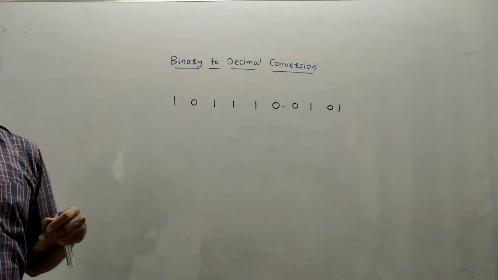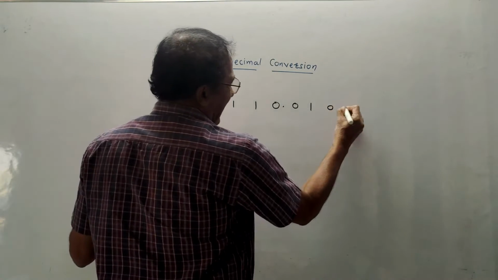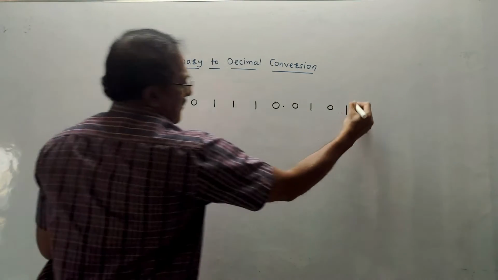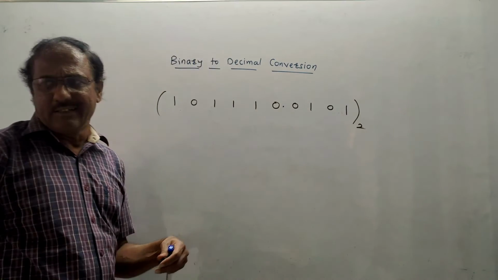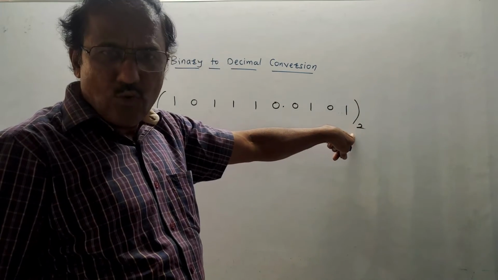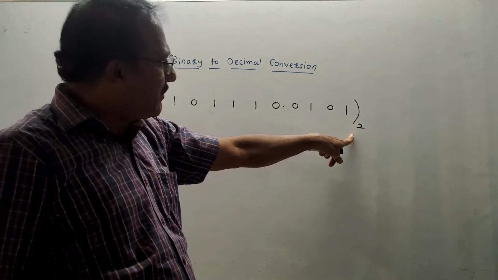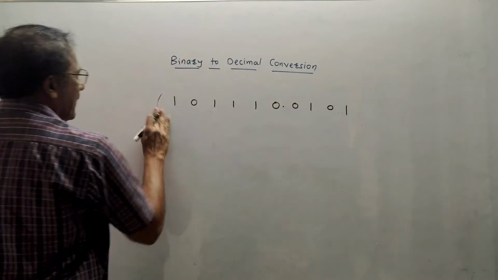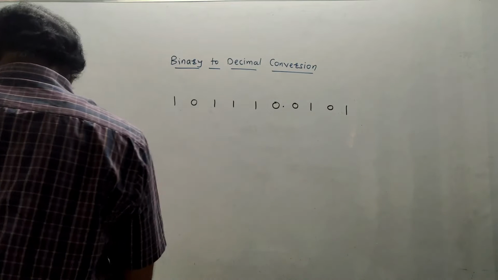This is just one example. Actually, in the exam, you can expect a question like this. The number will be given like this, with brackets and base 2 written. Just by referring to the base, you can easily identify which type of number system this is. So presently, it is a binary number system. We have to convert it into the decimal number system.